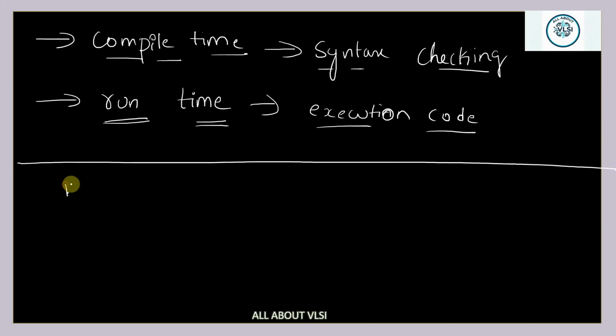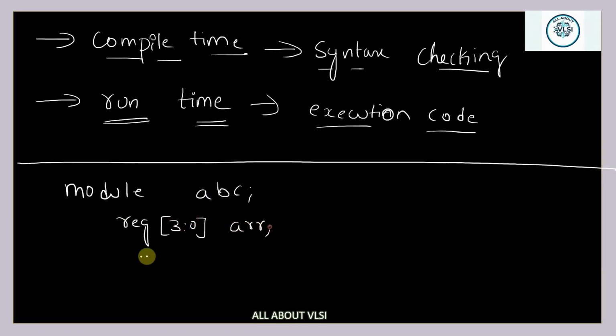For example, say I have a module A, B, C. Now I write reg [3:0] as an array, and within an initial begin block, array equals 4'b1011, then end module.